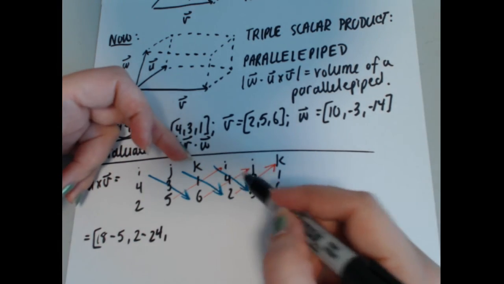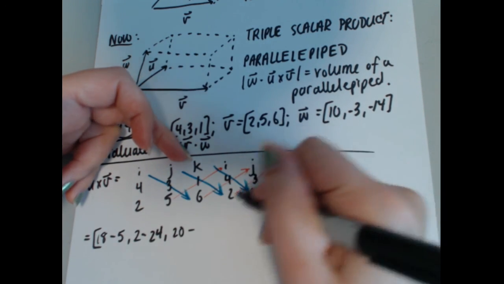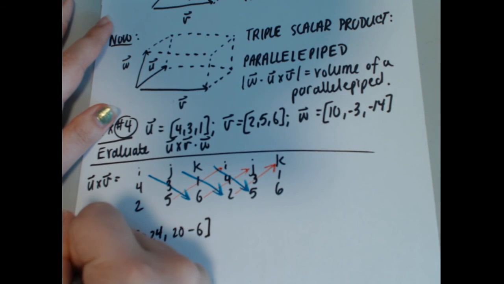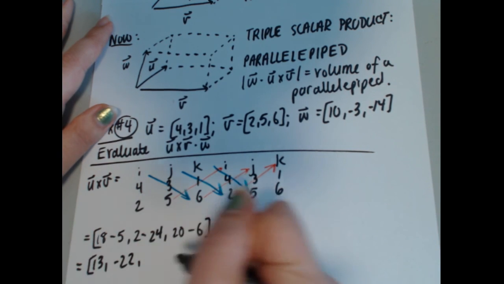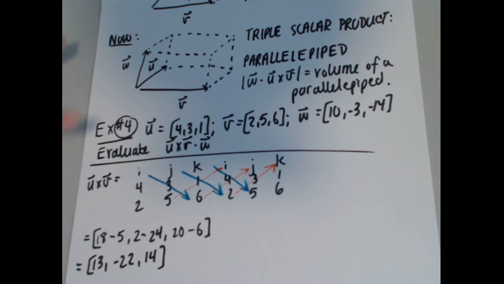And finally K, 4 times 5, that's 20, minus 2 times 3, that's 6. All right, 18 minus 5, that's 13. 2 minus 24, that's negative 22. 20 minus 6, that's 14. So there is U cross V.